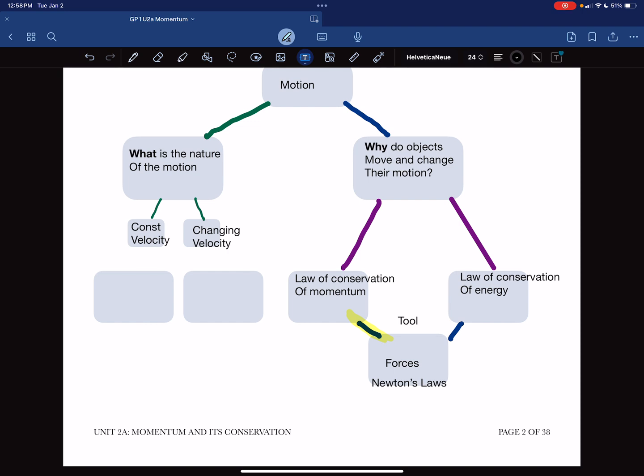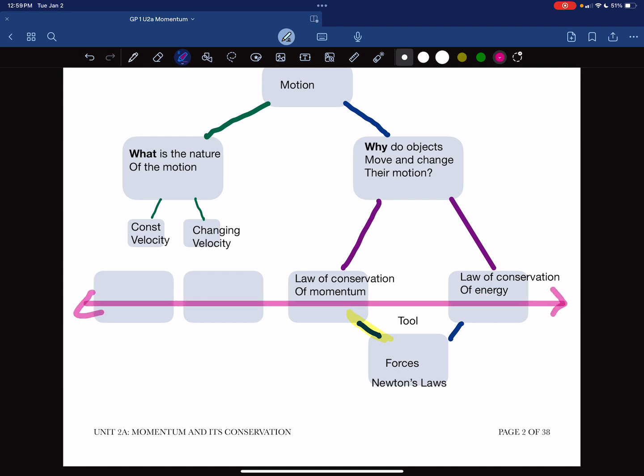But in any case, forces get used to explain the law of conservation of momentum, and the law of conservation of energy can help us do some detailing there. But the big idea underlying it all are these conservation laws. Now, those conservation laws are not the only ones. There are other conservation laws, like the law of conservation of mass.